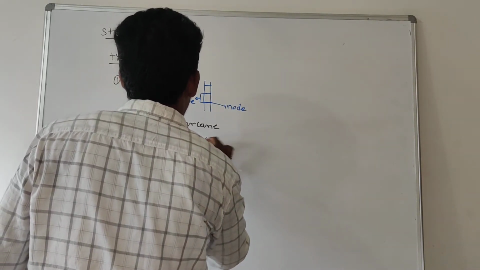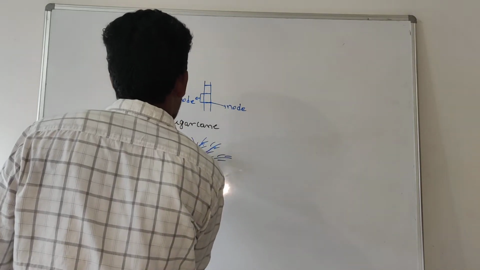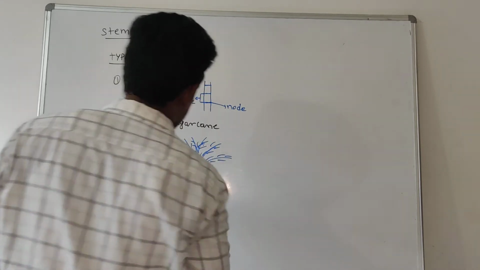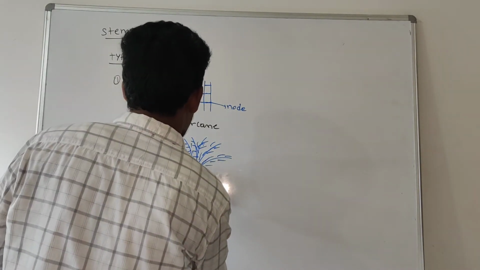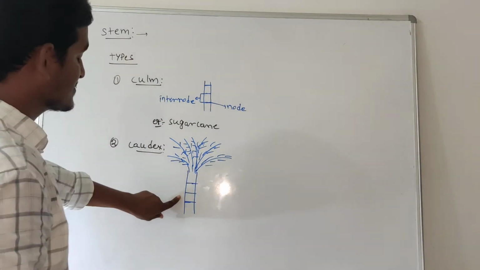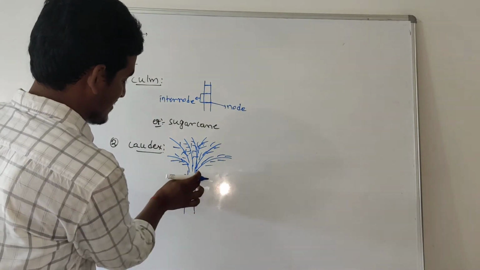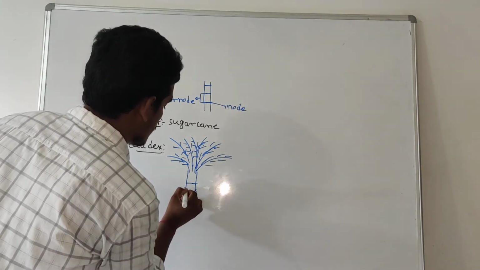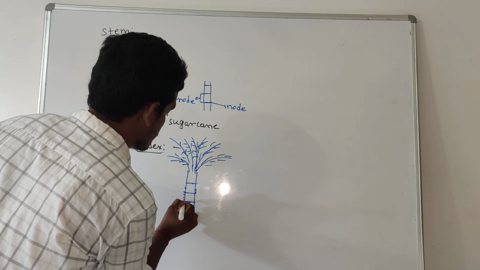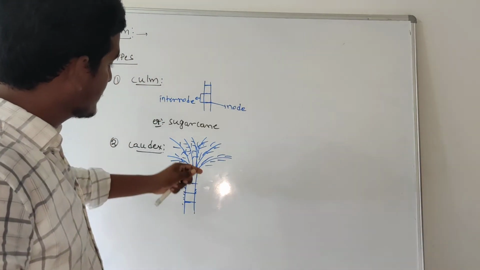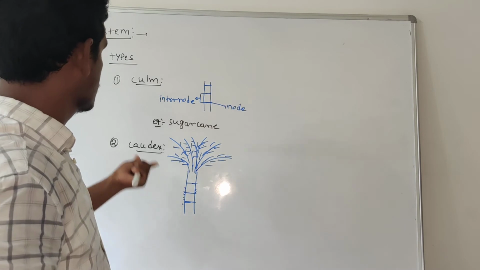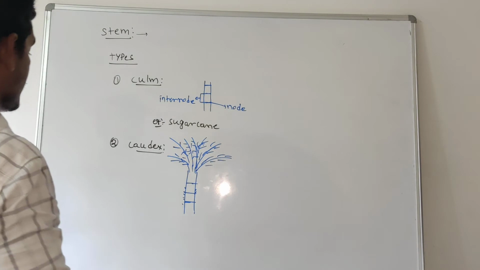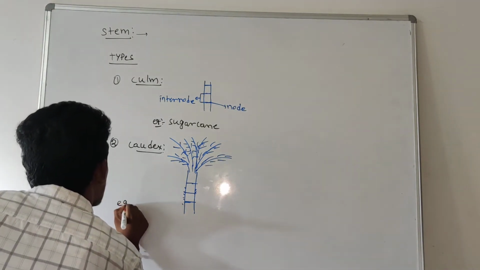Here the stem is erect and cylindrical, with scars of fallen leaves. It is an unbranched stem, and the leaves originate at the top of the tree. We call this type of stem a caudex stem. An example for this is coconut, Cocos nucifera.